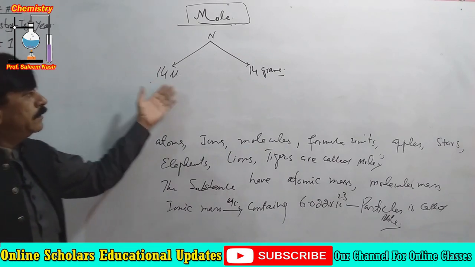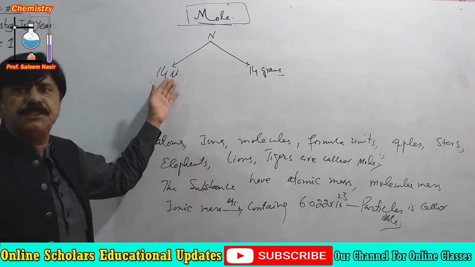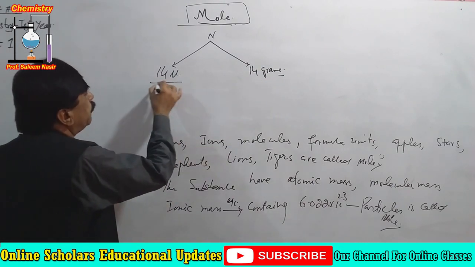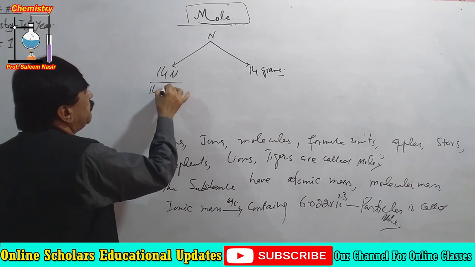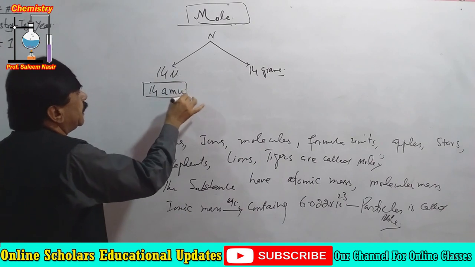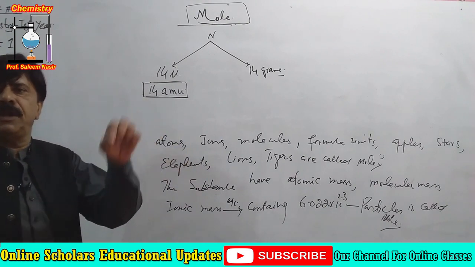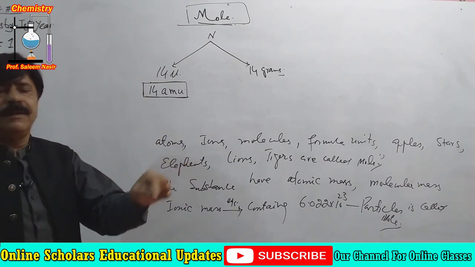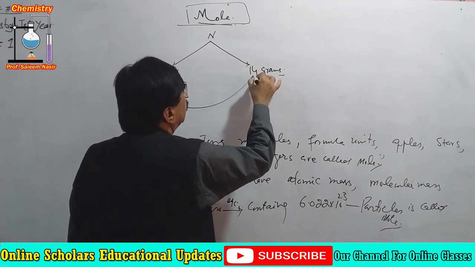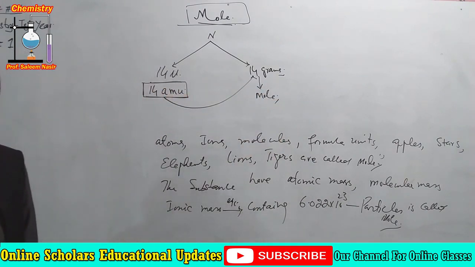That is 14, that is 14. Only the unit differs, that is amu, that is grams. If we take the amu, then 14 means 14 AMU, the relative atomic mass of nitrogen with reference to carbon 12. Now that unit, if expressed in grams, is called the mole.